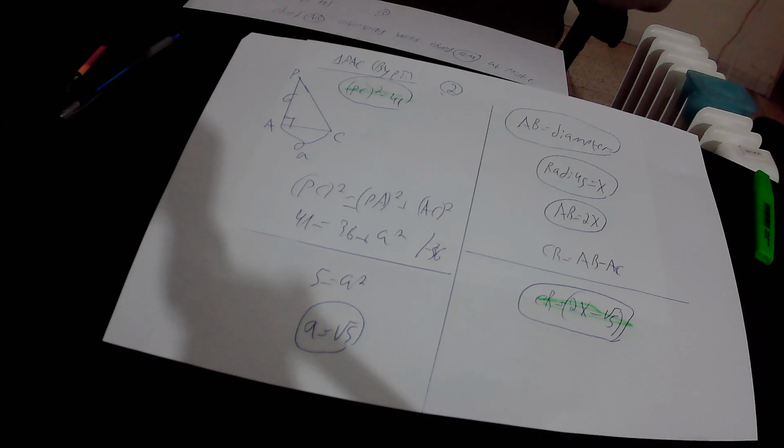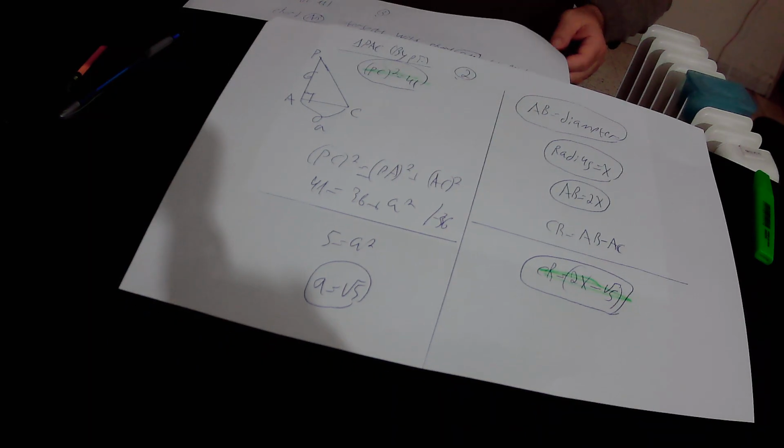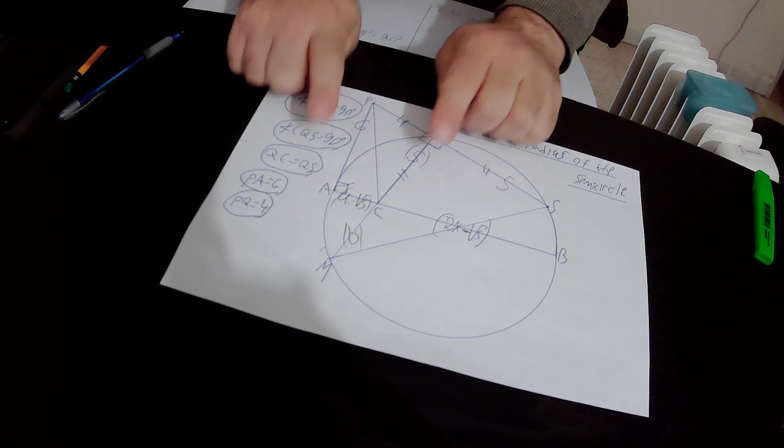Then we took the square root and found out that a equals the square root of 5. So AC is equal to a, which is equal to the square root of 5 units.